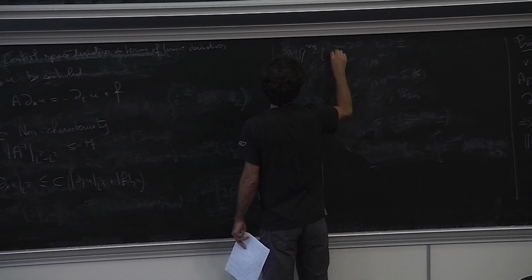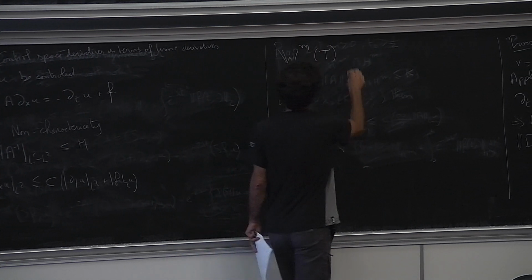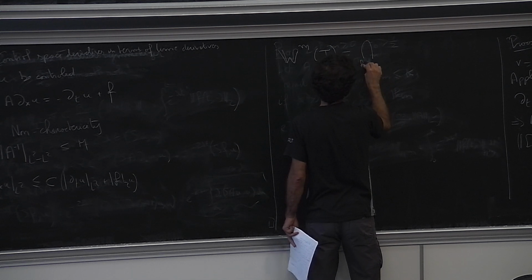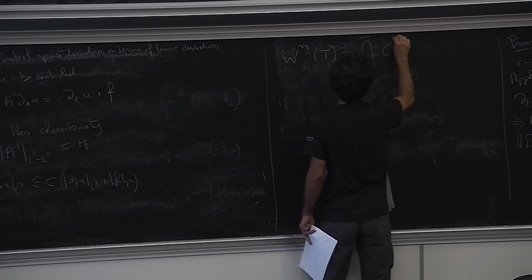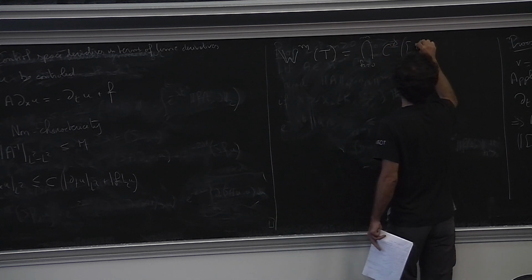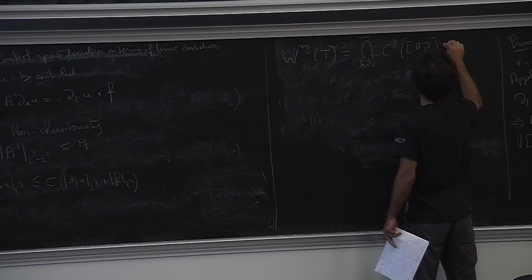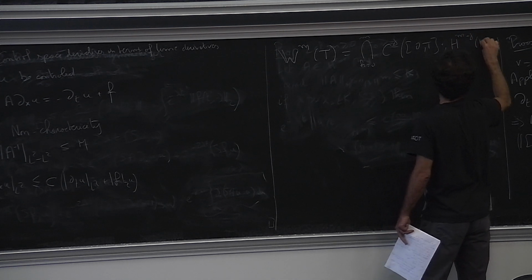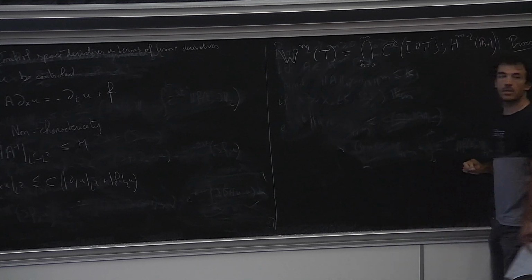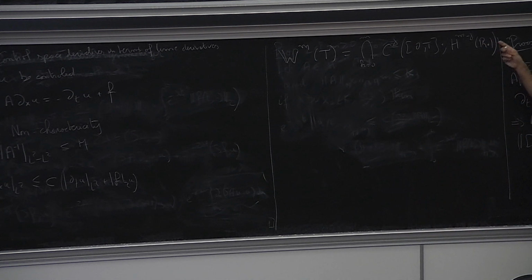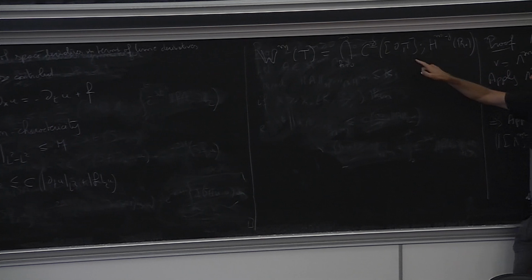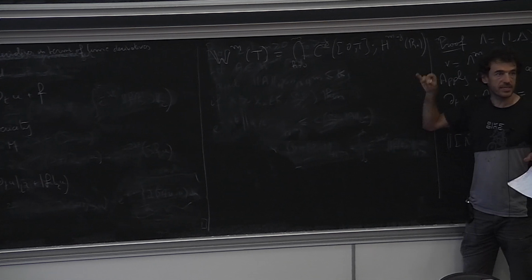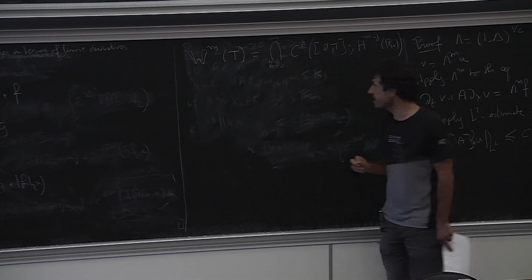W^m(0,T) is the intersection from k equal to 0 to m of C^j of (0,T) with value in H^(m-j) of R plus. Okay, so you always have m derivatives. If you have j derivatives in time, you have m minus j in space. Okay, so it's not the same scaling as parabolic, it's the hyperbolic scaling.